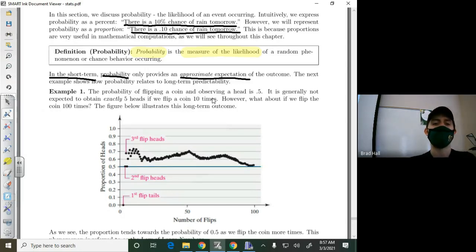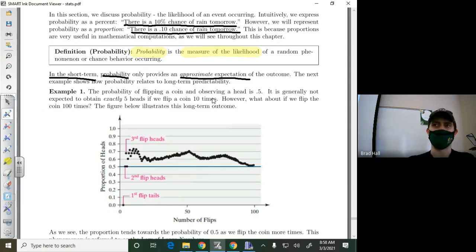Now, if you flip a coin 10 times, it's generally not expected that 5 of those times are going to be heads. Even though you would think, well, doesn't 50% mean that you would get 5 heads if you flip it 10 times? In the short term, no. It does not mean that in the short term.